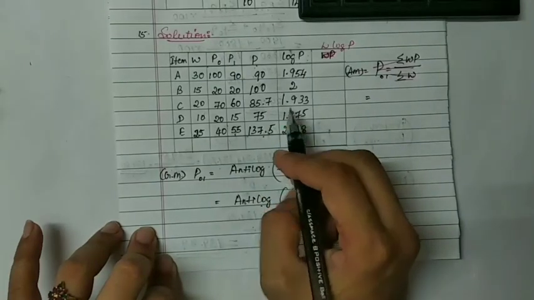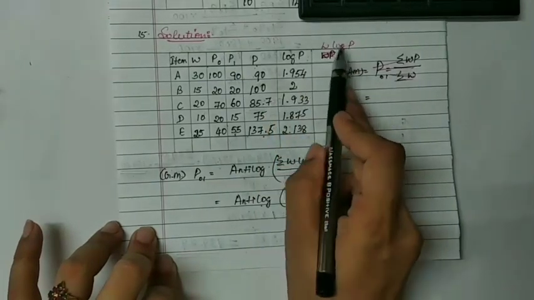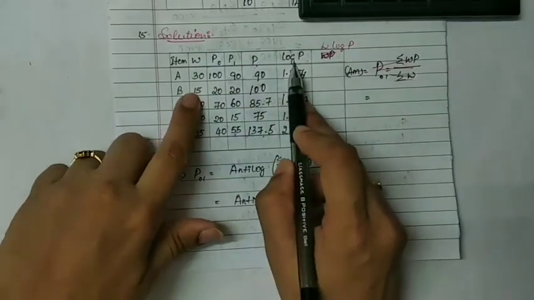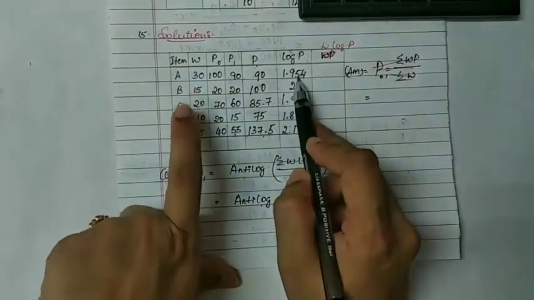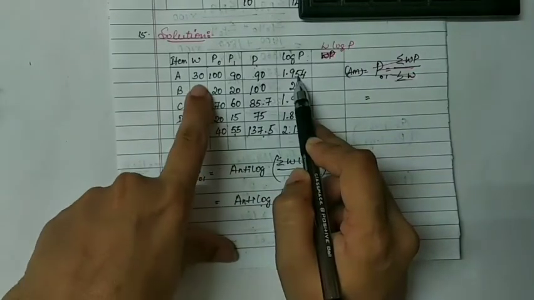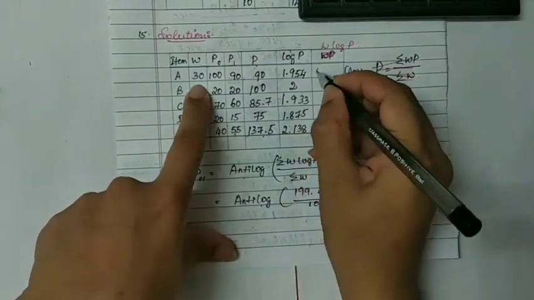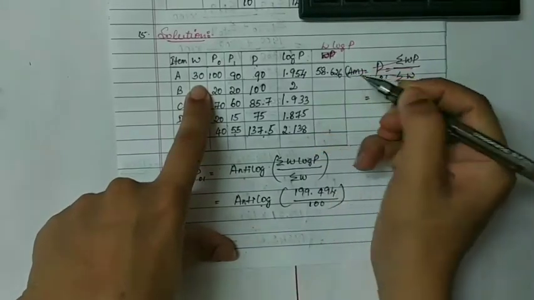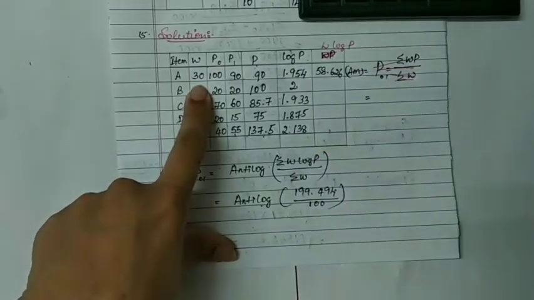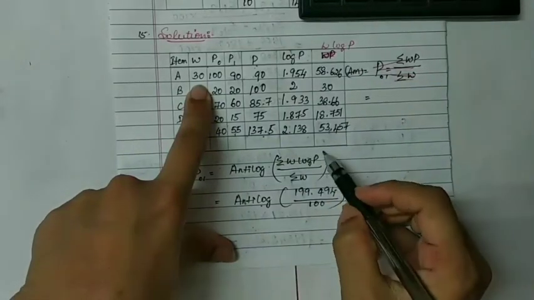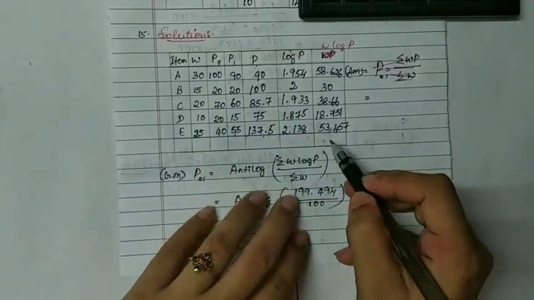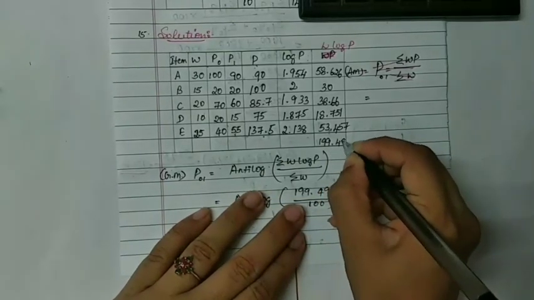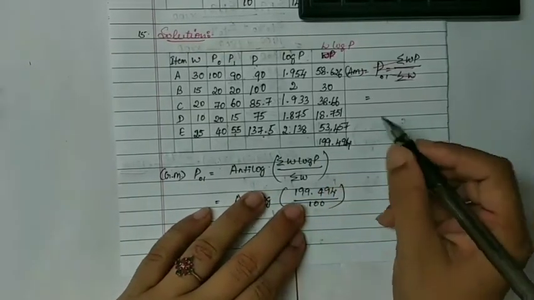Now the next step is calculation of W log P, that is weights are given, W into log P. 1.954 into 30 is 58.626. Same way, calculate the remaining. We are done with the calculations. Now total it: 199.494.